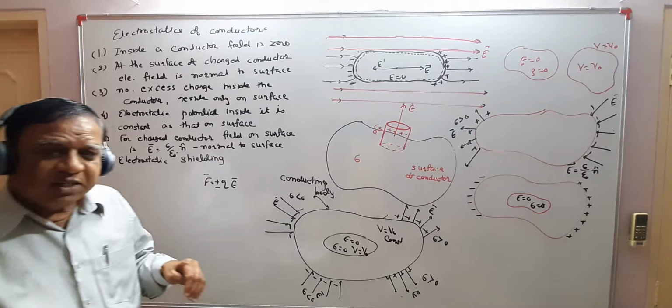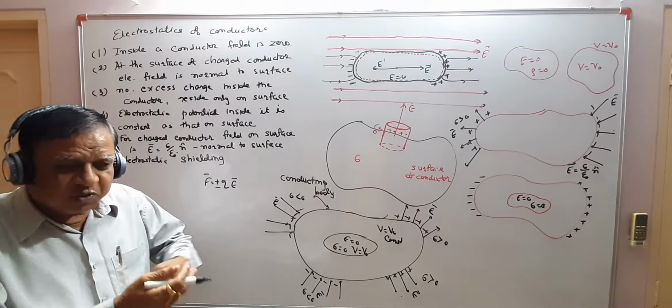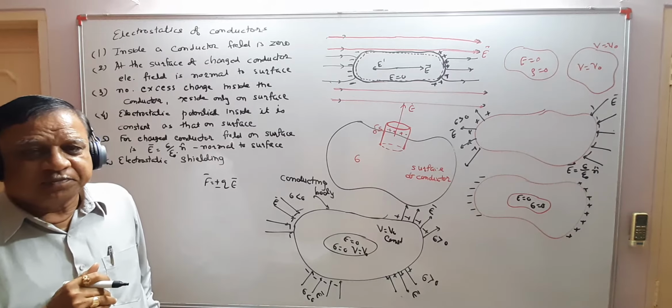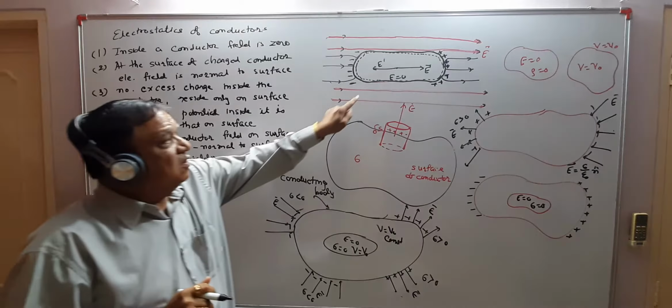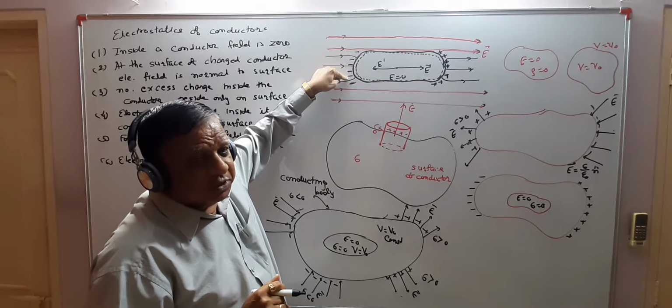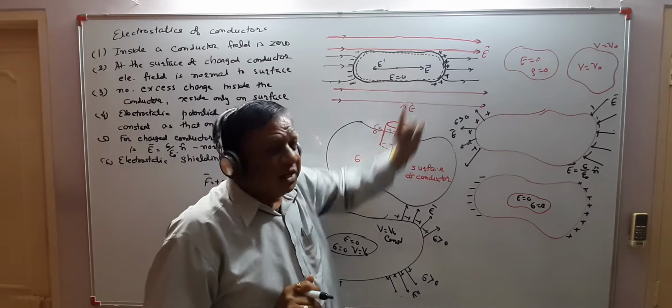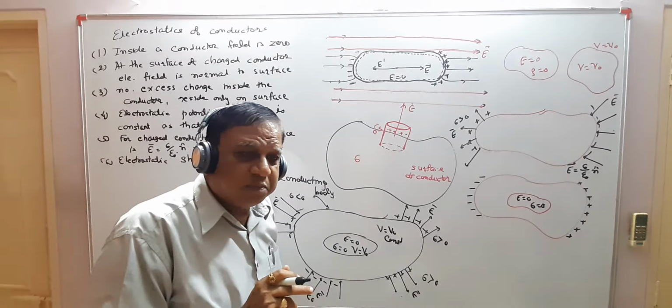When we put the conductor inside the field, this process of charge separation starts. On one side negative charges are stored, while on the other end positive charges.